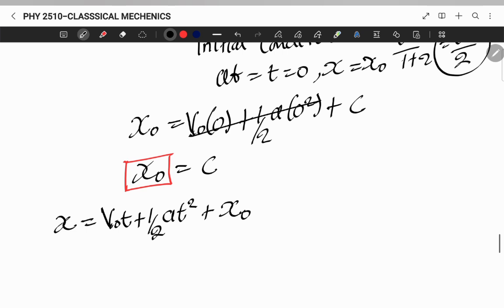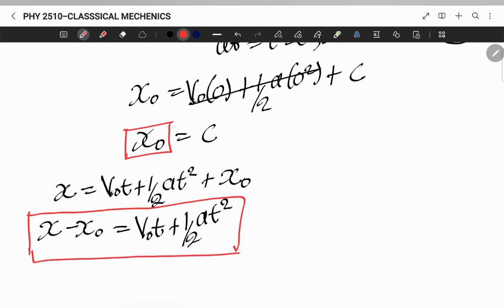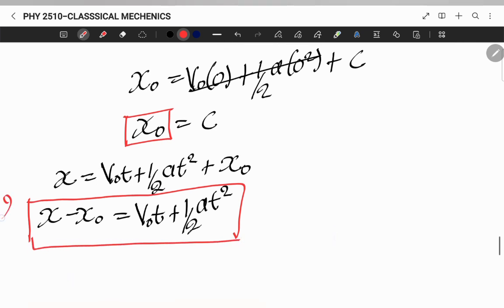The rule of mathematics is that when this crosses the equal sign, it becomes x minus x naught is equal to v naught t plus half acceleration times t squared. I hope you've seen this equation before. That's where the equation comes from. So this is equation 2.